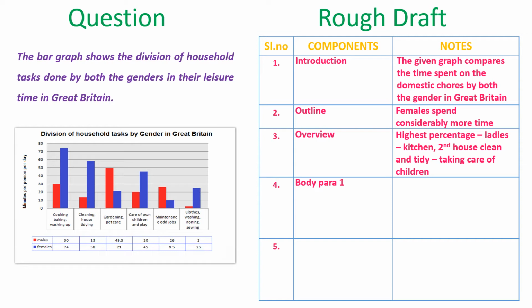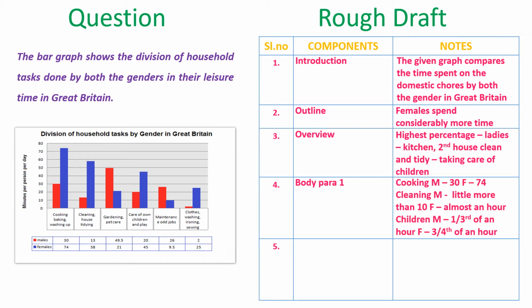You can see that I am writing it as: for cooking, males spend 30 minutes and females spend 74 minutes. When it comes to cleaning, males spend little more than 10 minutes and the females spend almost an hour. When it comes to taking care of children, the males spend only one third of an hour and the females spend three-fourths of an hour.